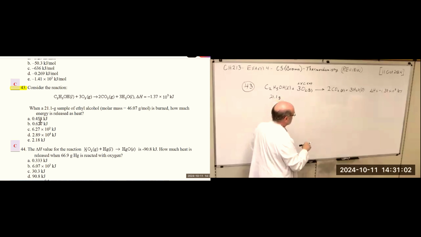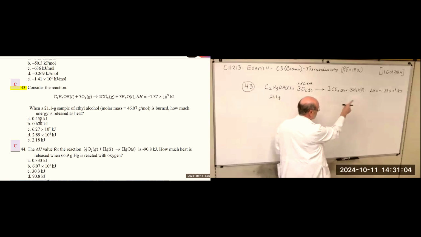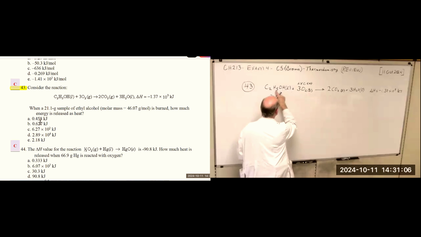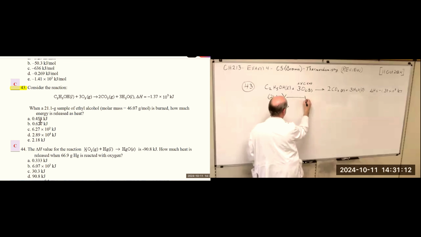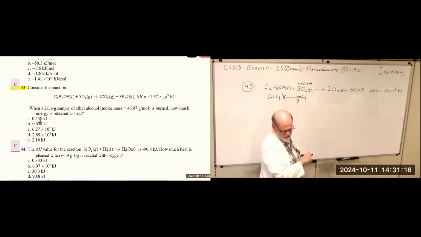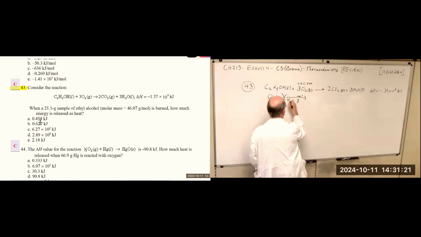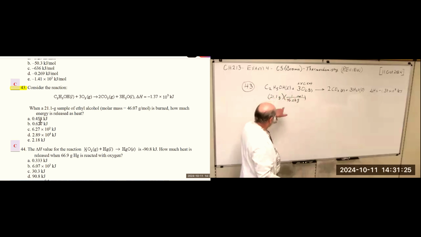All right. So if that is kilojoules per mole of that, then we have to find out how many moles we have. Does it give the molar mass for us? Yeah, 46.07 grams per mole. And I write it that way so that the grams will cancel and leave us with moles.